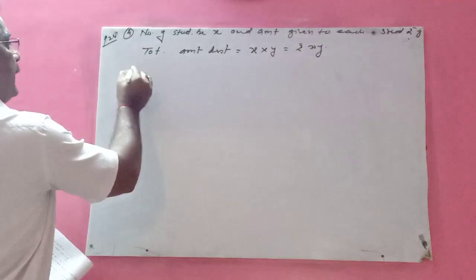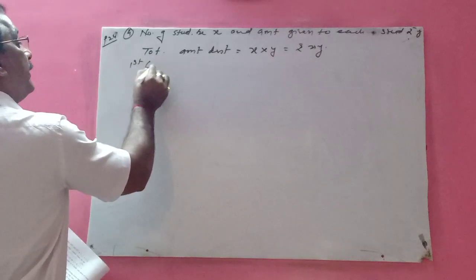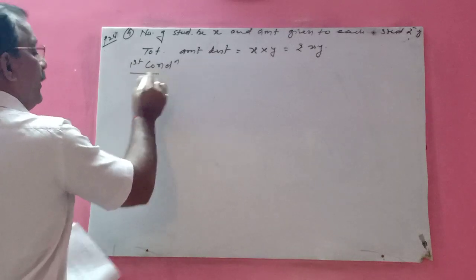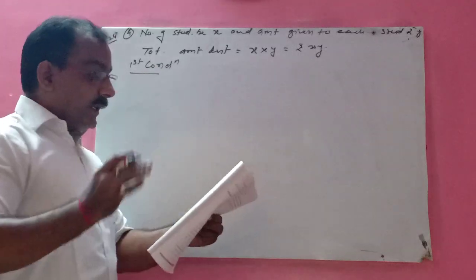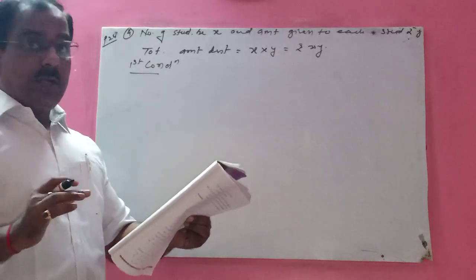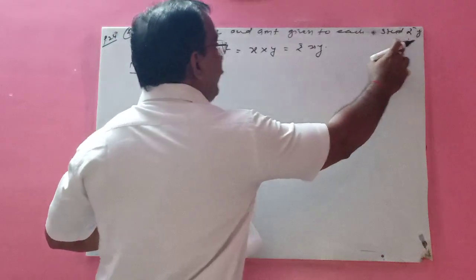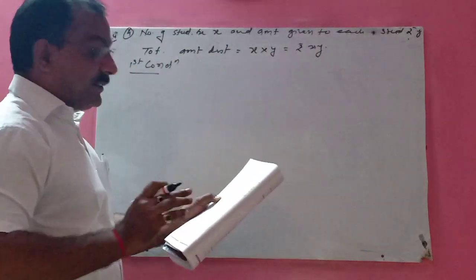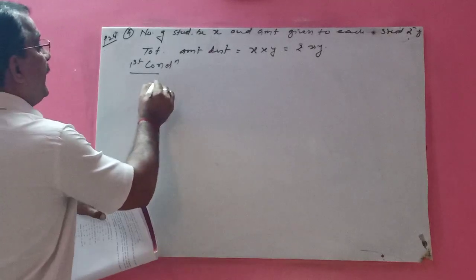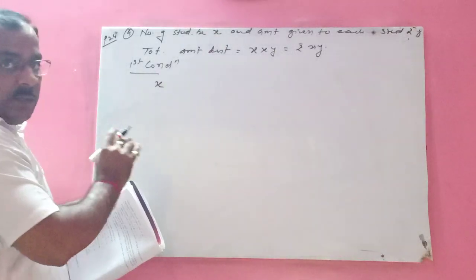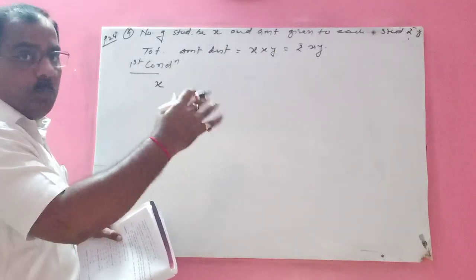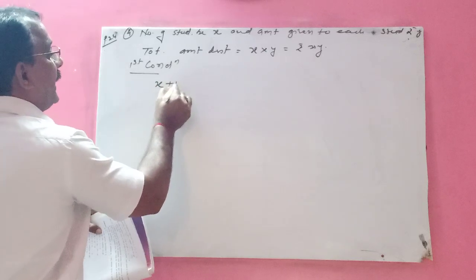And now, the first condition. Each would get ₹2 less if there are 10 students more. So at present you have x students. If there are 10 students more, write plus 10.